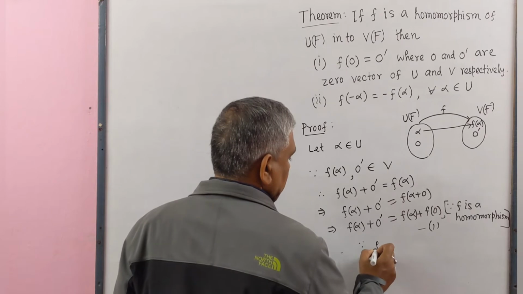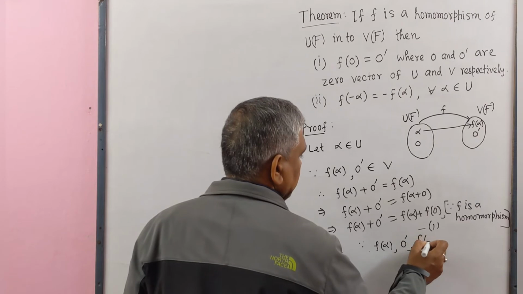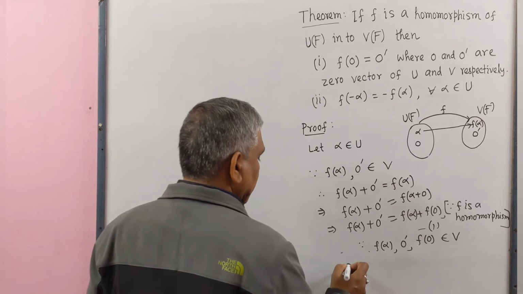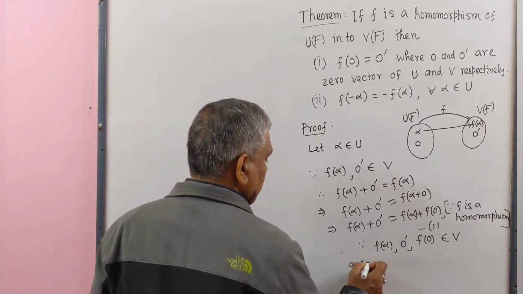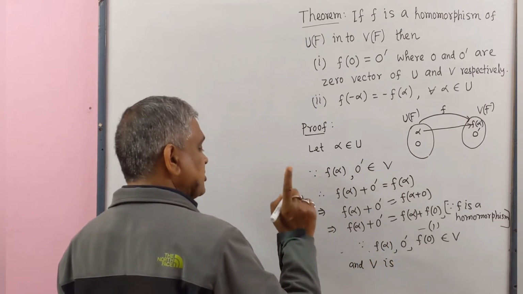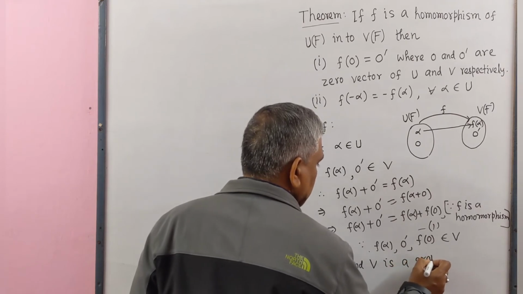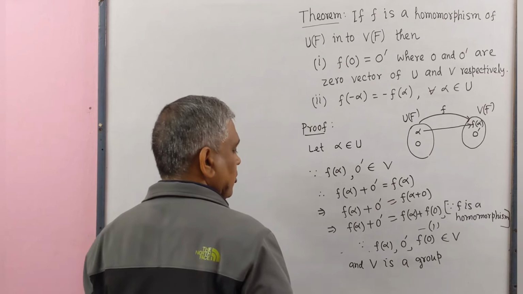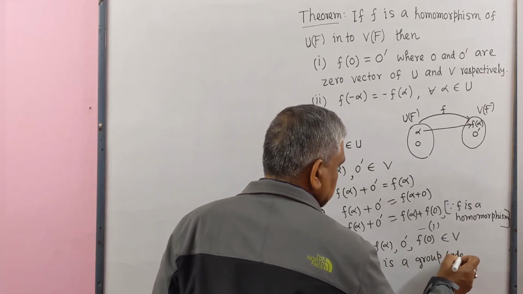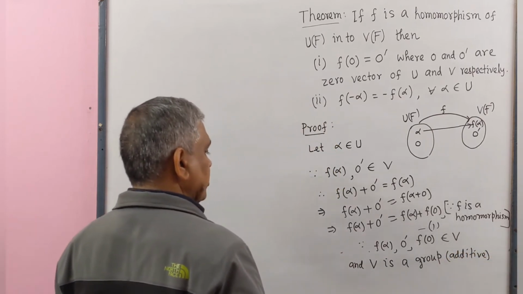Since F(alpha), 0 prime, F(0) all belong to V and V is a vector space, that means V is an additive group.